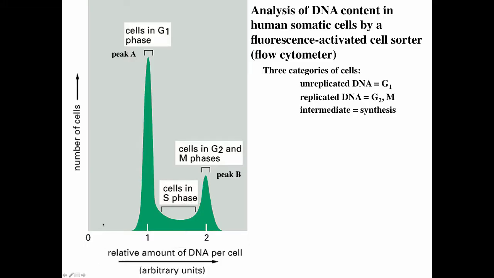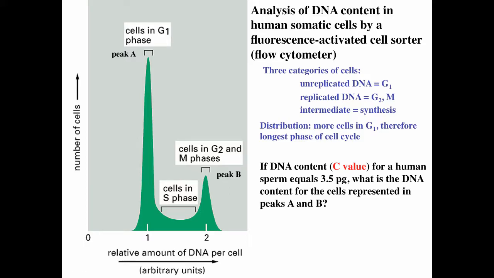And you can notice on the x-axis that there's a relative increase in DNA amount as you move along the x-axis. Another point to make from this type of experiment, if you look at the distribution of cells, there are more cells in G1, and that's how we've come to understand that G1 is the longest phase in the cell cycle.